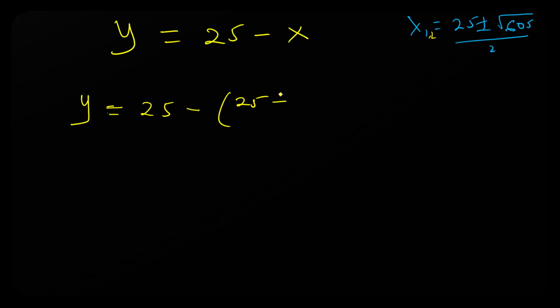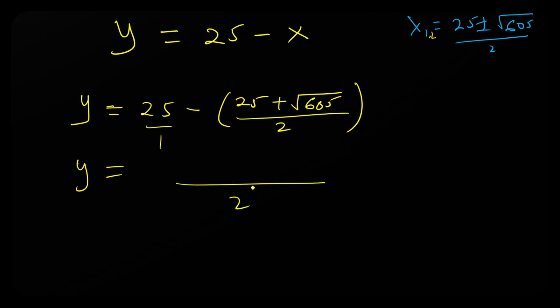And this side is, we are taking the plus square root of 605 on 2. So let's make this side over 1 and find the LCM. 2 times 25 is 50, minus, you have 25 plus square root of 605.